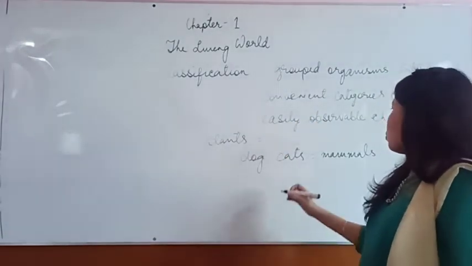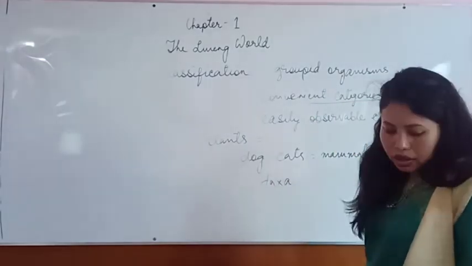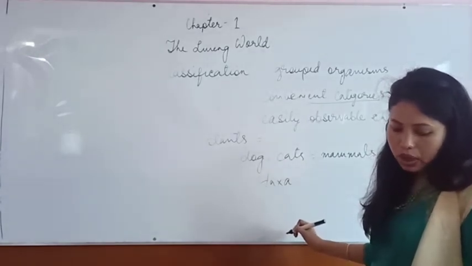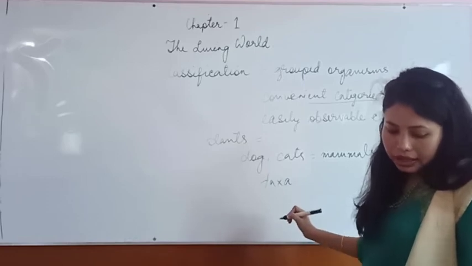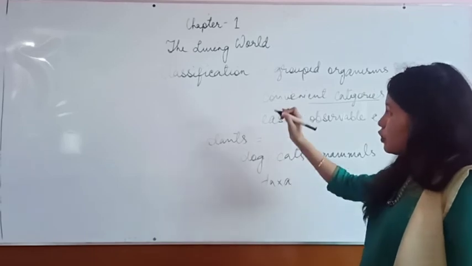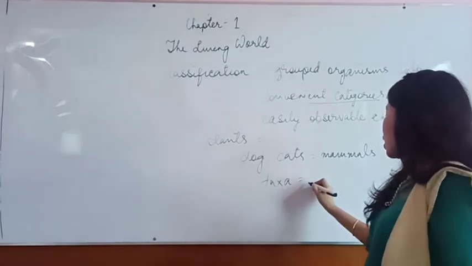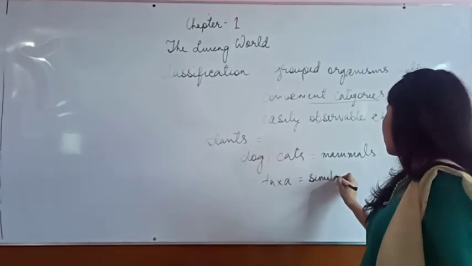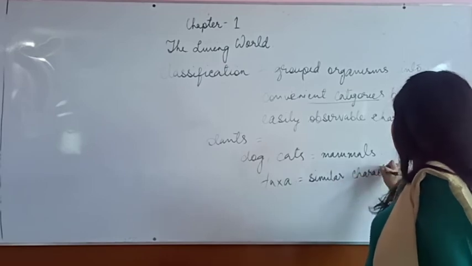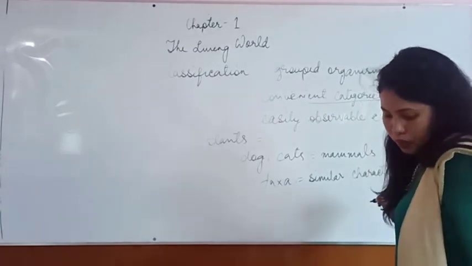So therefore, we now have a convenient category called taxa, right? Taxa can indicate categories at different levels during the process of classification. Taxa are nothing but similar characters or similar categories.